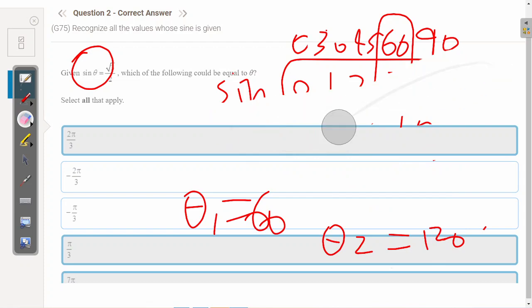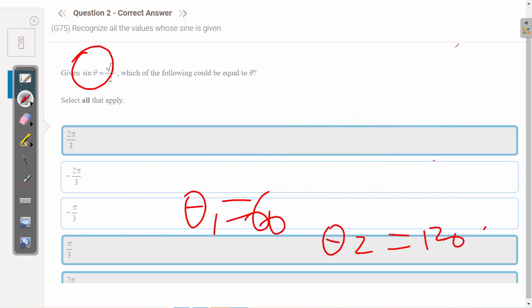Now for the other values, you do plus 360 over and over. So that's what 360k means. So 60 plus 360 is 420, and plus 360 again 780, and you continue forever. And same thing for 120, plus 360 is 480, plus 360 again it's 840, and it continues.